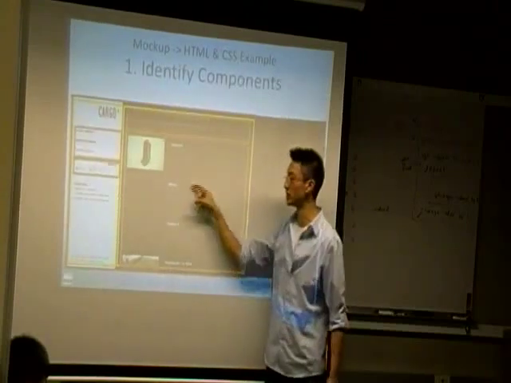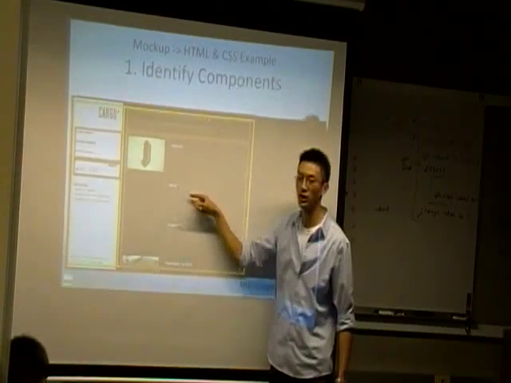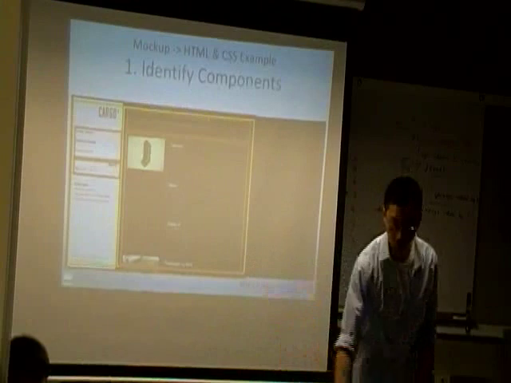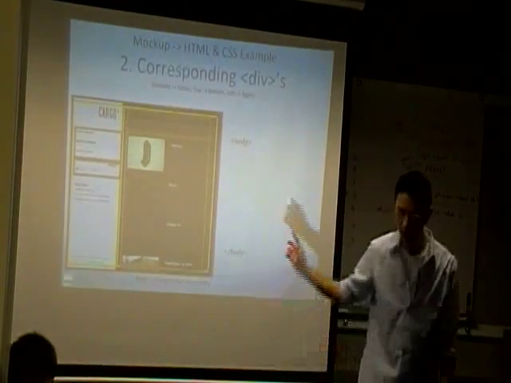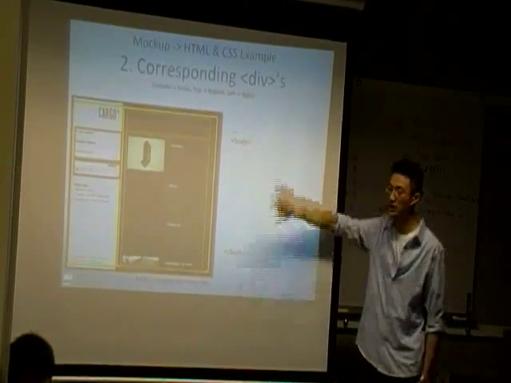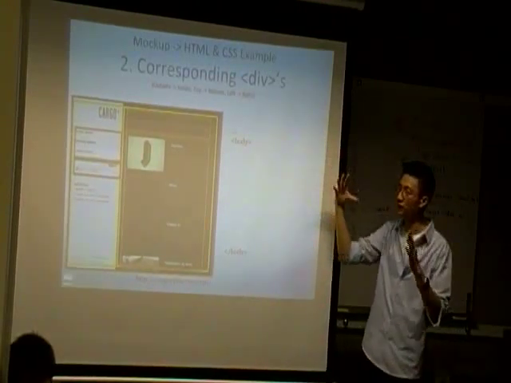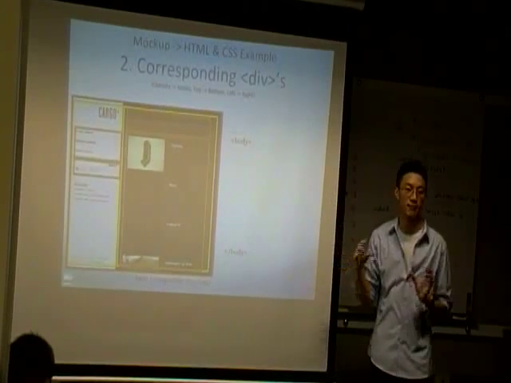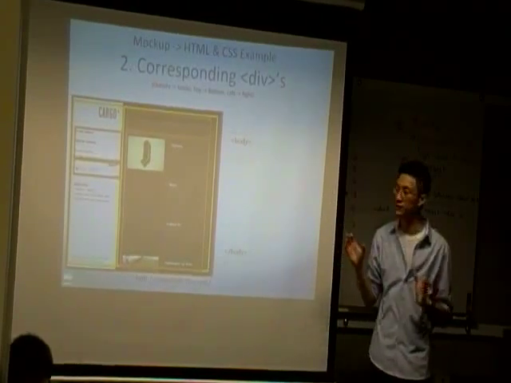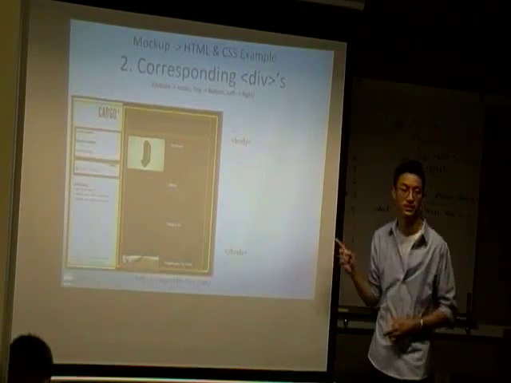And then within these components, there's a header and some text as well in the photo. So a lesson from that is basically everything that we've kind of boxed and said is its own component is going to correspond to essentially a div of some sort. It might not be a div, it might be another element, but it's a very safe bet to start off saying that they're all divs.